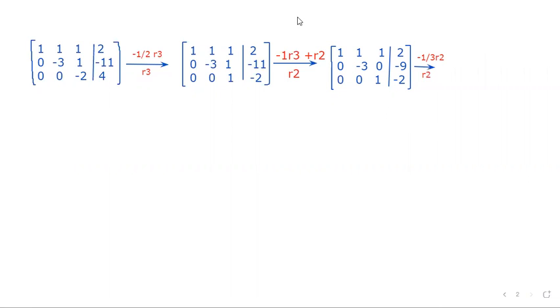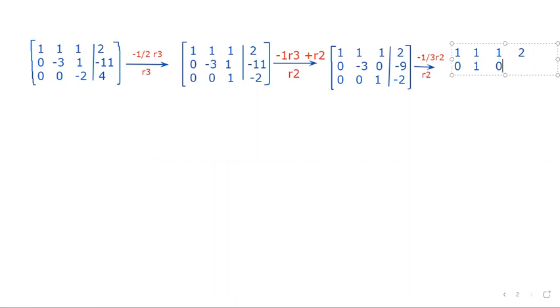Remember, we only change the row that we're working with. Now, negative 1/3 times 0 is 0. Negative 1/3 times negative 3 gives us 1.